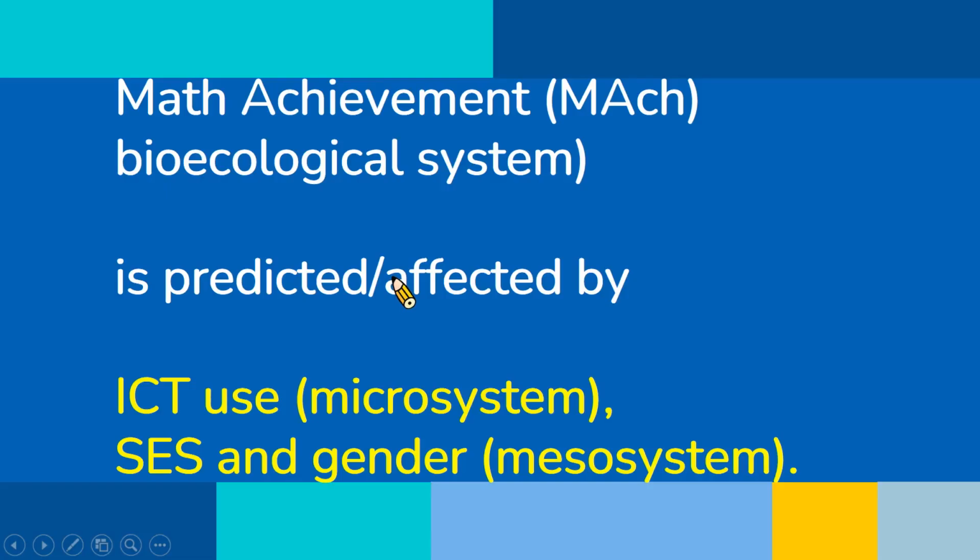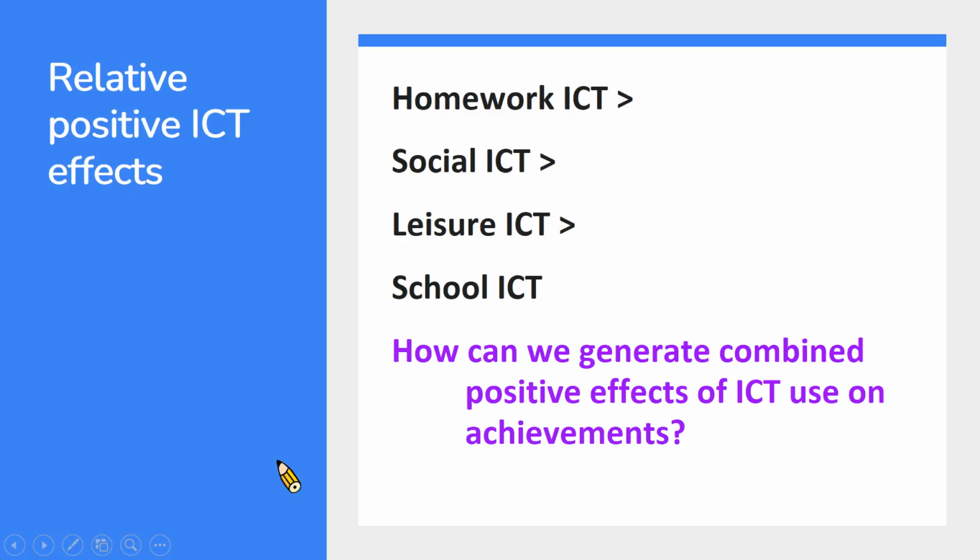For discussion, we can find that math achievement is predicted or affected by ICT use, socio-economic status, and gender. There are relatively positive ICT effects. Homework ICT has the highest effect. The next are social ICT, leisure ICT, and school ICT. The question raised is how we can combine the positive effects of ICT on achievement.